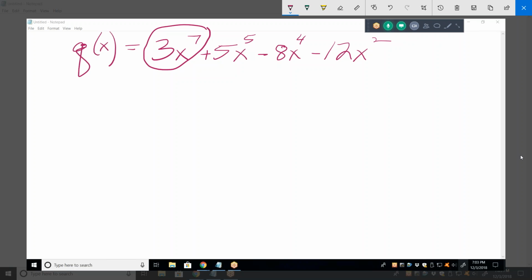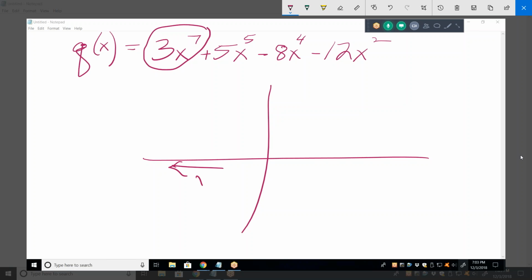And that is an odd number, 7. And that is what's going to determine the end behavior. So if I'm looking at left-hand end behavior, which is to say x goes to negative infinity, what is this going to do?